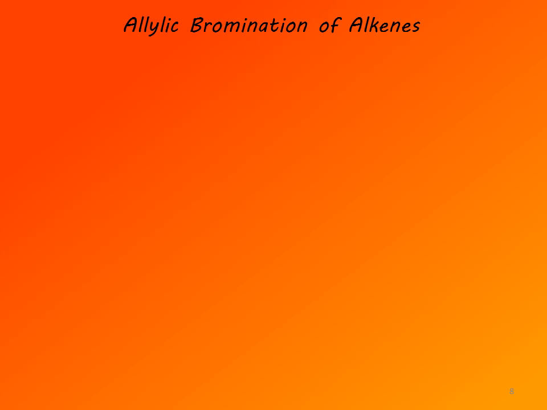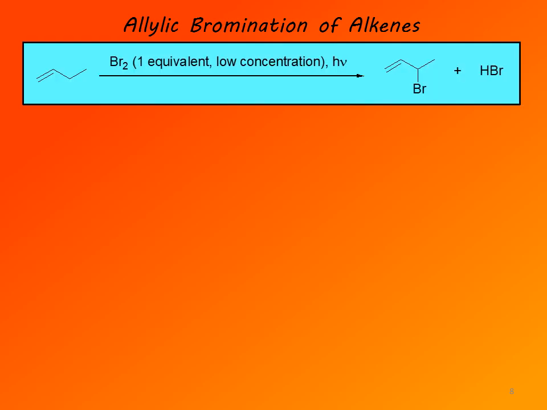And this brings us to allylic bromination of alkenes. Previously, we have just seen benzylic bromination. So allylic bromination is position next to a double bond. As you can see, only allylic substitution occurs. Now to carry out this reaction, we have to use one equivalent of bromine and carry out reaction under basically high dilution, very low concentration of bromine.